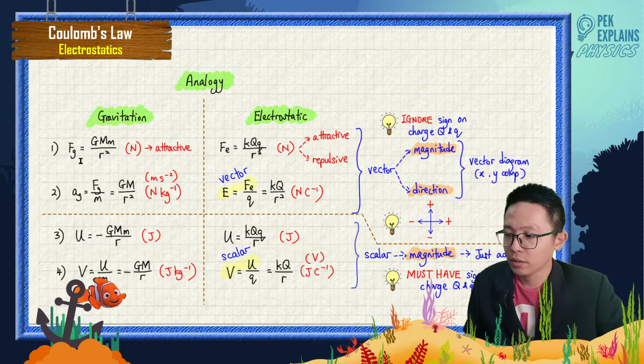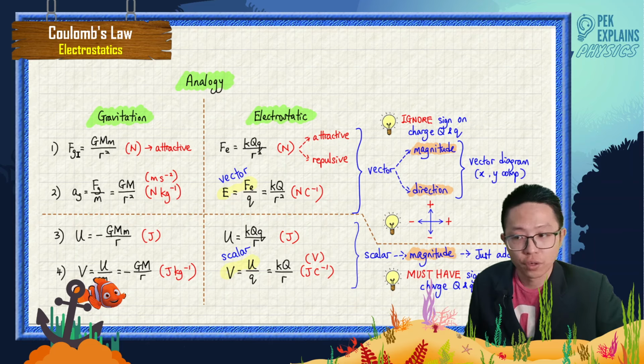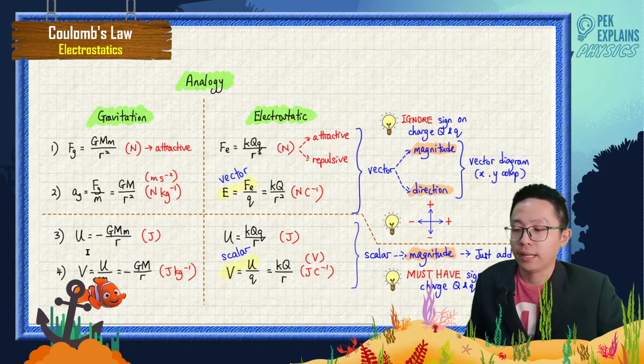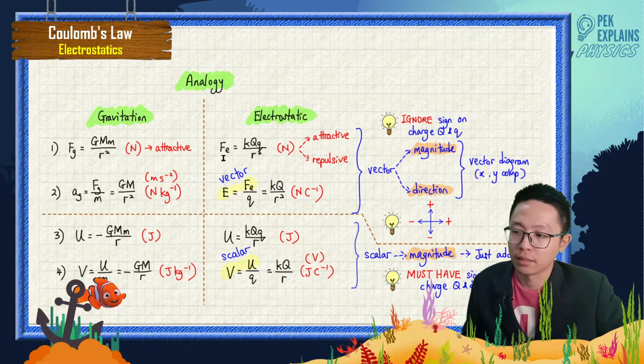In gravitation, we learned about gravitational force, gravitational field strength, gravitational potential energy and gravitational potential. We have similar terms in this chapter, electrostatics.